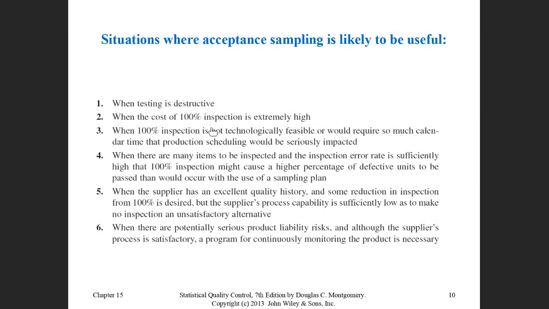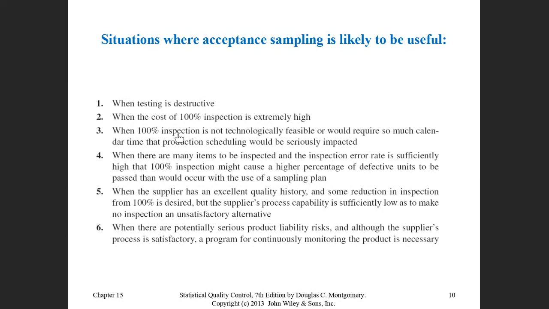If the cost of 100% inspection is extremely high, then you do the sampling. Otherwise, as I said, there are some options where the whole lot can be tested without that much cost. Then it is definitely better to do it than sampling.